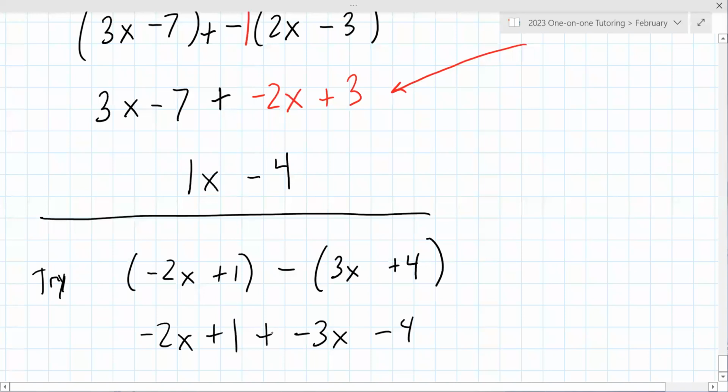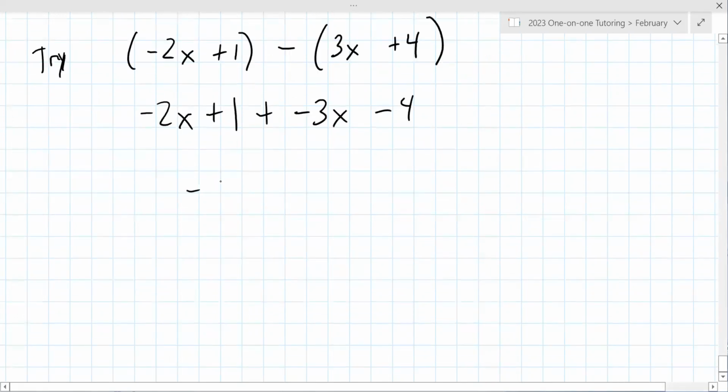And then that would make it -5x. Good. And then plus -3. Yes. Good. Okay, so now we can talk about the full distributive property.